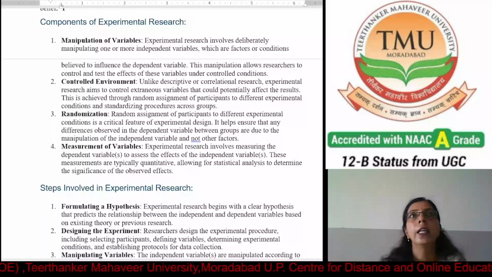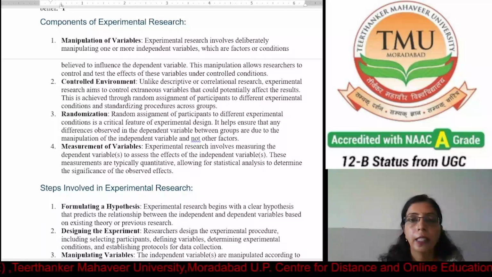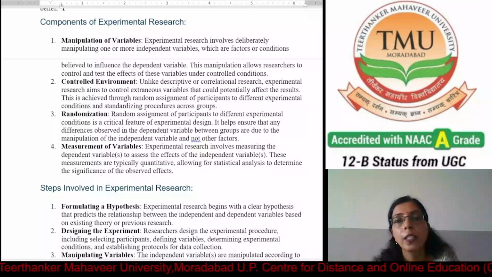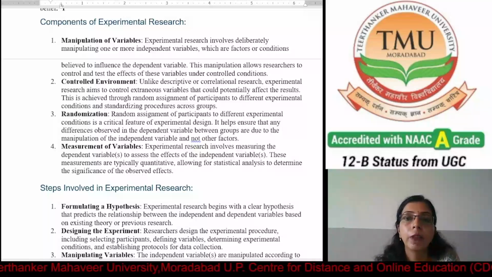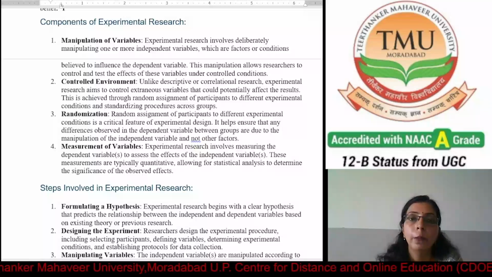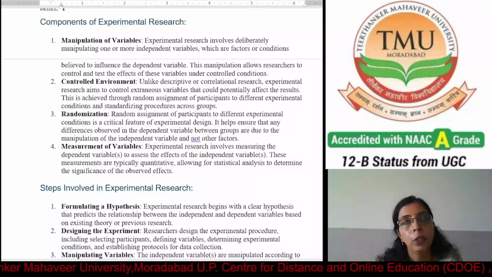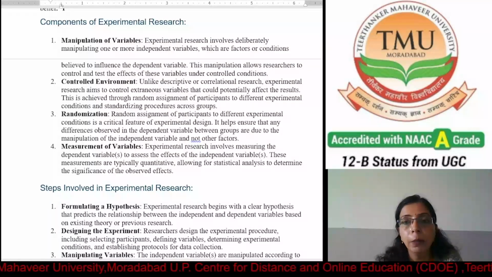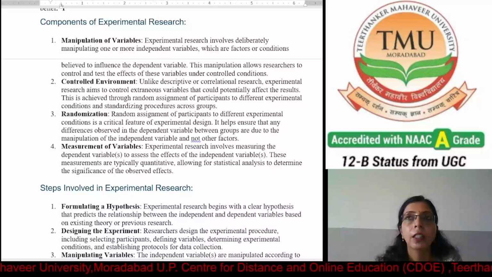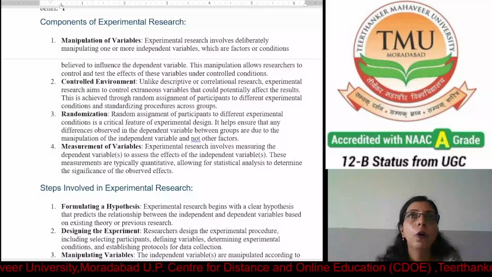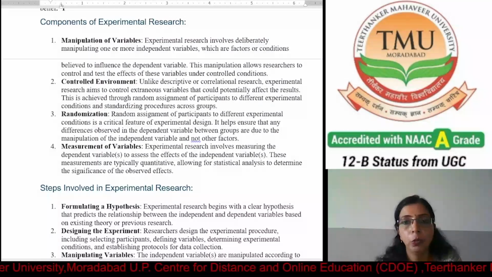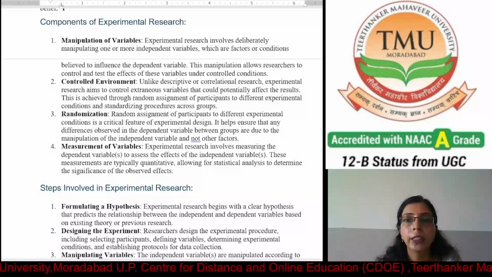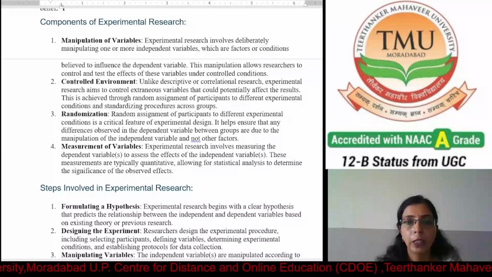Let's understand this with the help of an example. Suppose a researcher wants to study the effect of a program on the achievement of 12th grade students in science. At the beginning of the session, he or she may select a group of 60-70 students. All these students have got low scores in mathematics in their school examination.